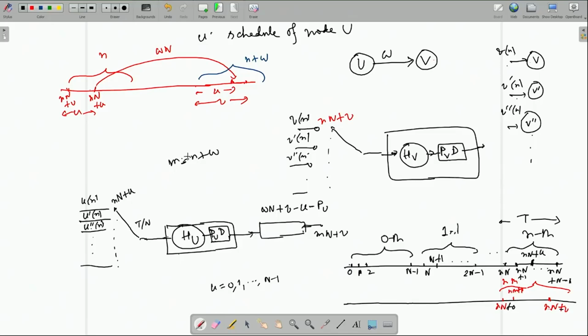So, n plus w. So, m is n plus w, that is what I wrote, n plus w, that times N plus v, as I tap, I will get back what I was getting here. So, this is the delay that is required, and this we denote by this p u to v.